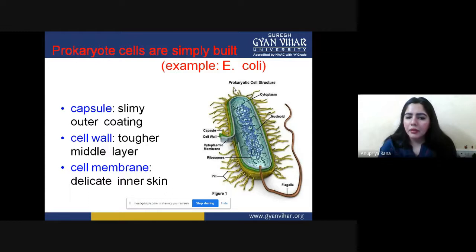This cell membrane is a delicate inner skin. It is present just to cover the cytoplasm in the cell. There is no other major function done by this cell membrane. The major function is just to cover the cytoplasm.